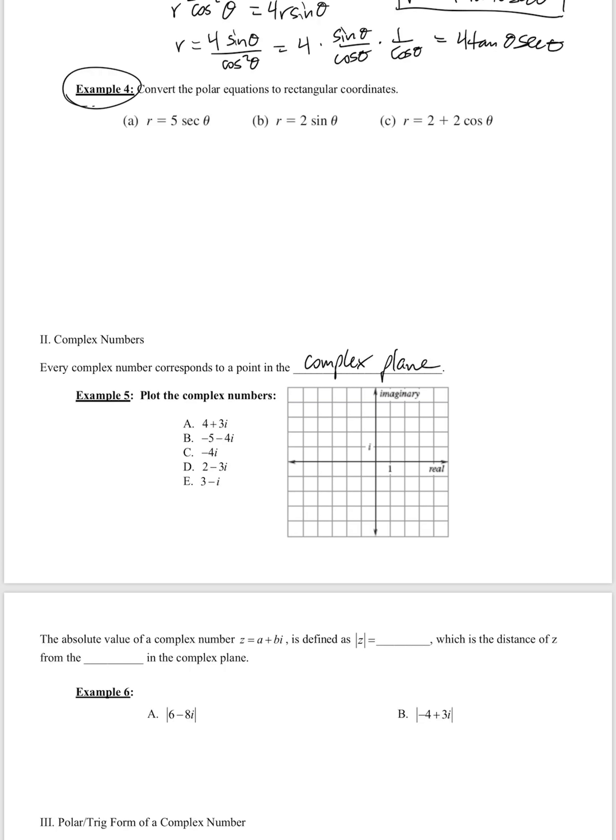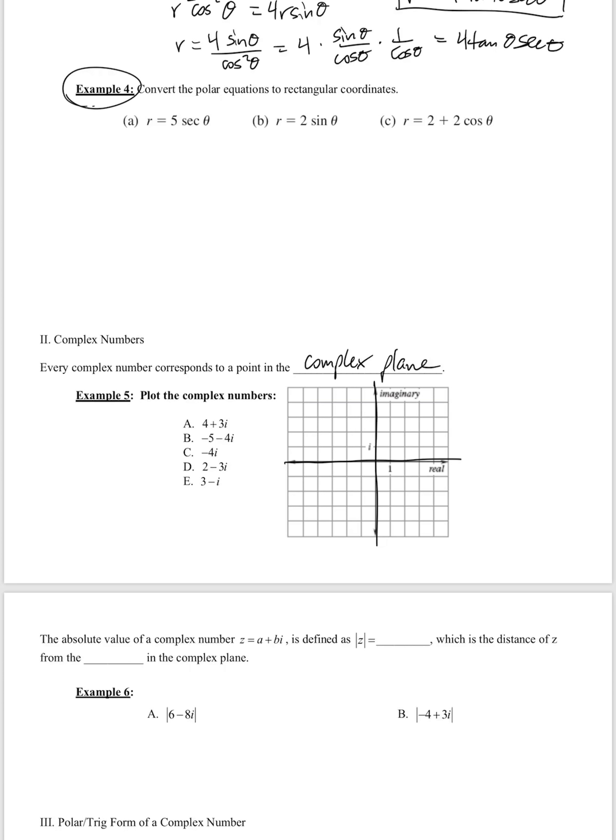And so I think graphing complex numbers is super easy because as long as you can count, you can do this. So in the complex plane, it's this picture right here. We define one axis to be the real axis, the real part of the complex number. And then we define another part of the plane to be the imaginary axis, the imaginary part of the complex number.